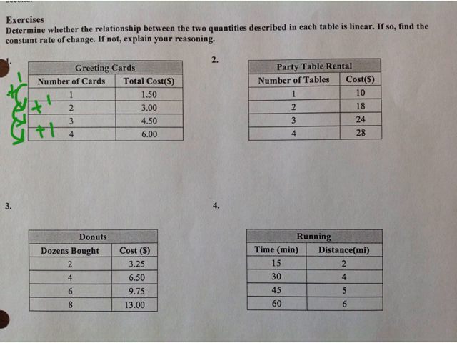Now let's look at our y values. To go from $1.50 to $3, we're going to add $1.50. To go from $3 to $4.50, we add $1.50. And to go from $4.50 to $6, we're also adding $1.50. Because we have the same number over and over again on both sides, we know that this is going to be linear.